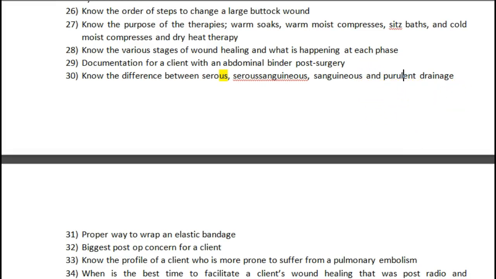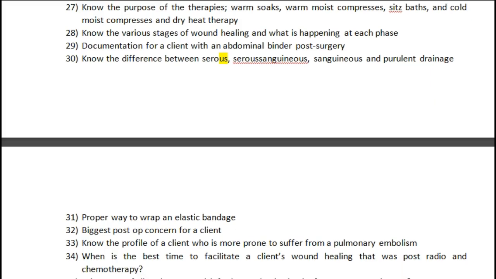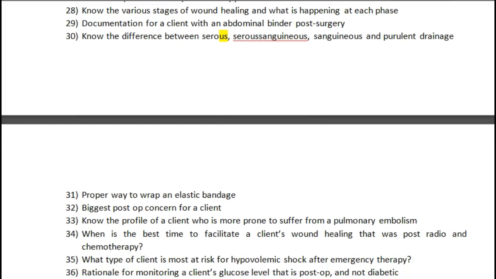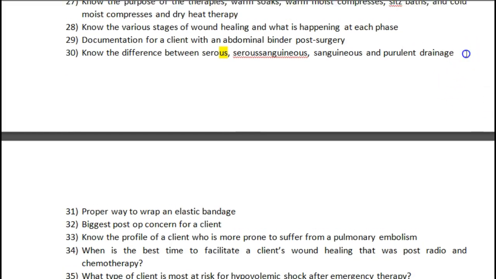It could be brown, or real thick yellow-green, and it could have some living or dead organisms in it.